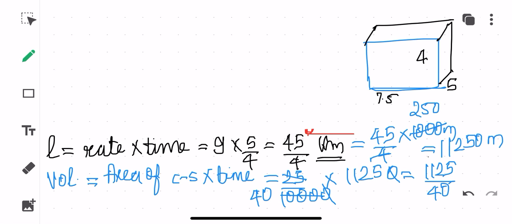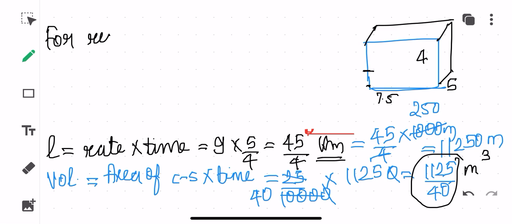So it is evident, children, that the rise in height will be given by what? Whatever the volume you are getting here, this is meter cube. This is only responsible for the rise in height. So for this, what you will be calculating, you will be writing for rectangular cistern. First you will be calculating the area of cross section.